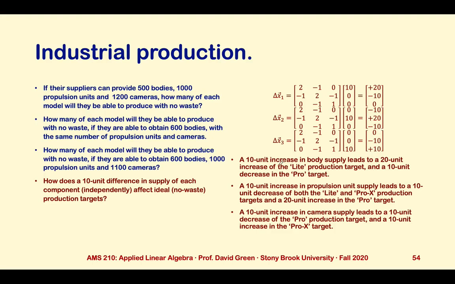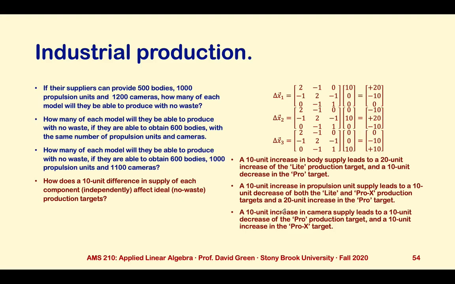So an increase in body supply can be accounted for by increasing the light production targets by 20 and decreasing the Pro production targets by 10. A 10-unit increase in propulsion supply can be accommodated by decreasing by 10 both the light and the Pro X versions and increasing the Pro production target by 20.